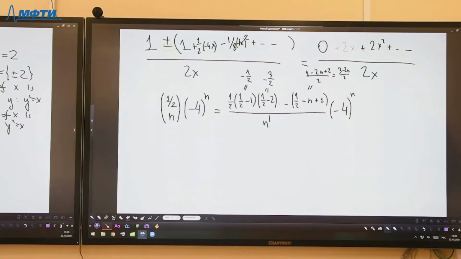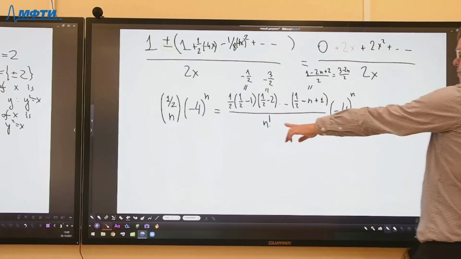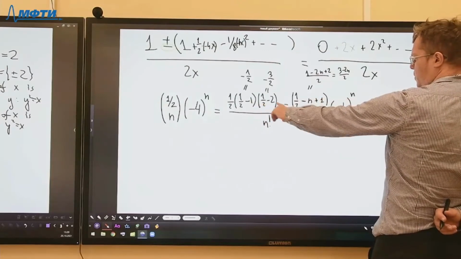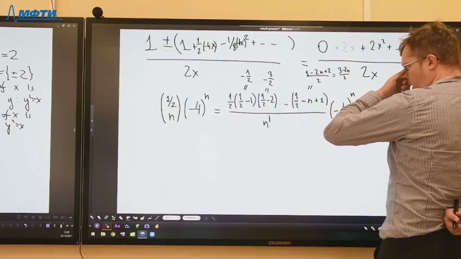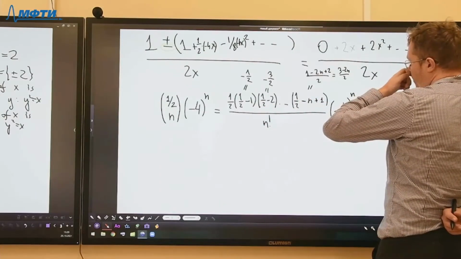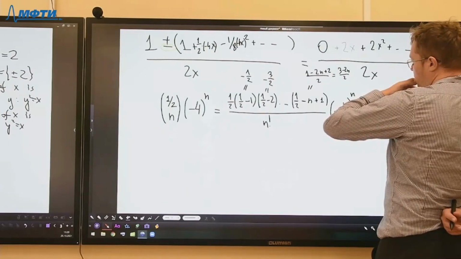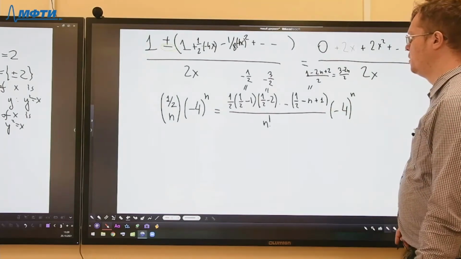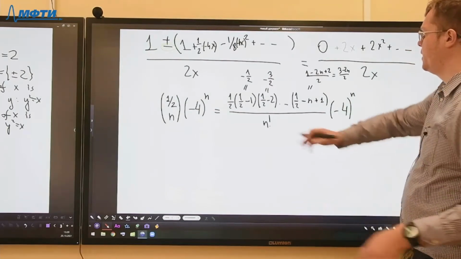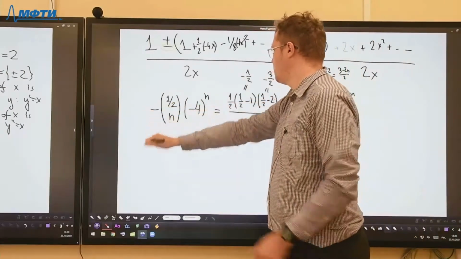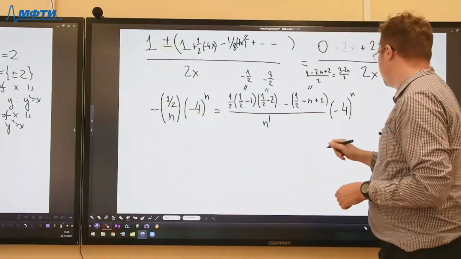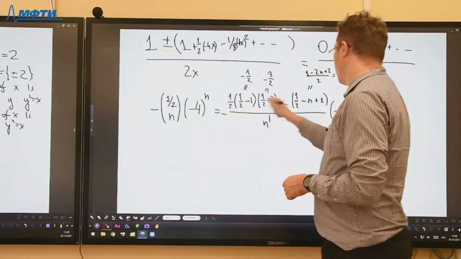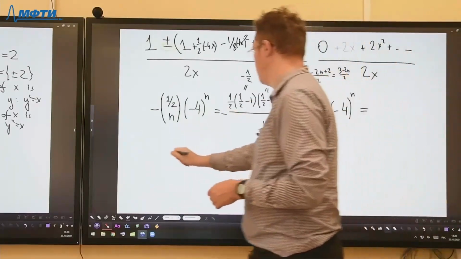And here we have the product of n elements. So I have minus 1 brackets here. As we have minus here, I can write the minus here, and so I can forget about all the minuses.